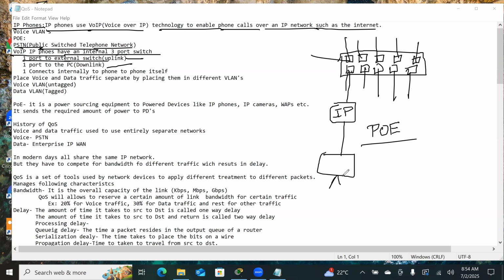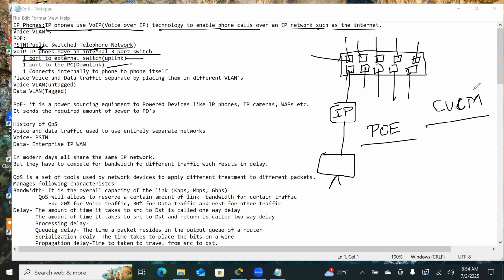It will work if we give the power. For this, we have a separate application, we call it CUCM. It is not like if you just connect it, that will be done and you will start talking.